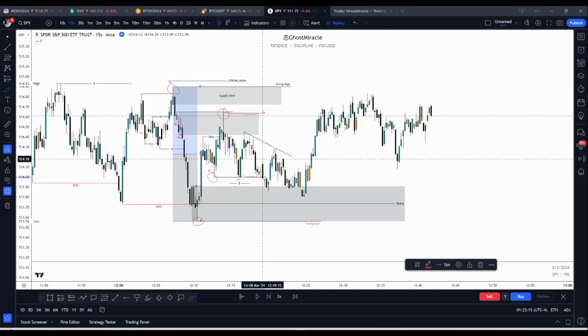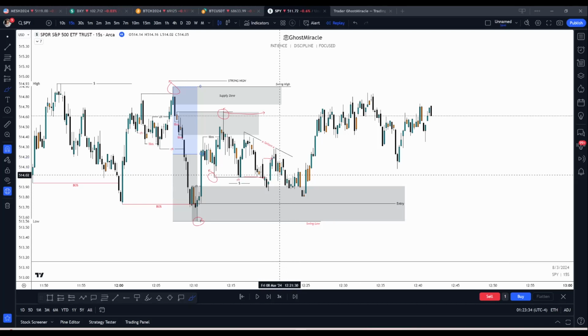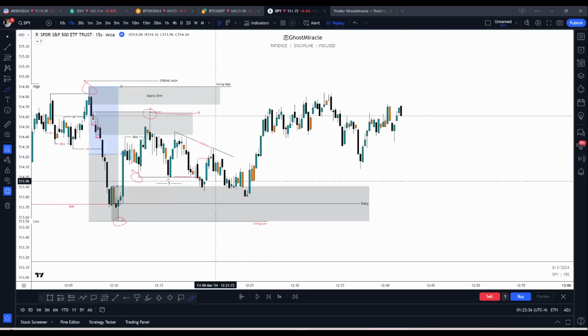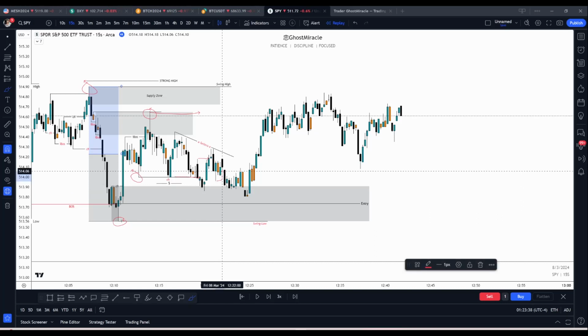So the weak low is taken, tapped into your entry, gave you a change of character, which was a little bit of confirmation that price was going to go back to the upside. And then price came back down, giving you an internal break here.